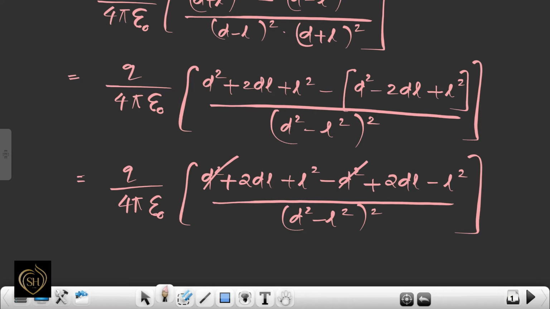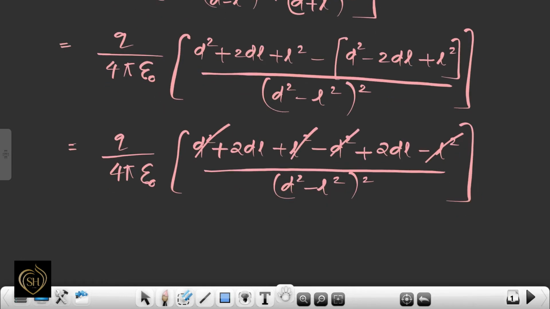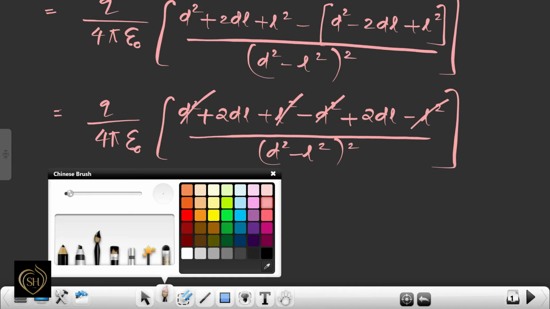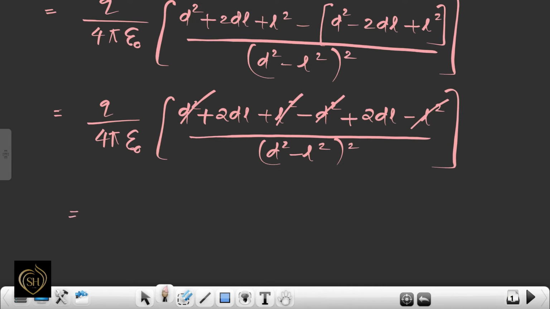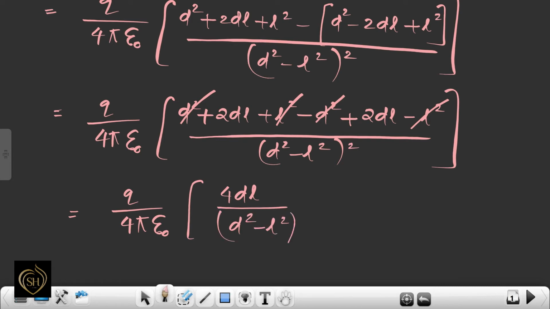D square and D square will be cancelled. L square and L square will be cancelled. Then our equation will be Q by 4 pi epsilon 0, 2dl plus 2dl, that is 4dl, divided by (D square minus L square) the whole square.